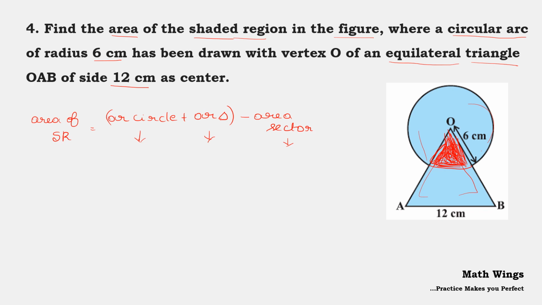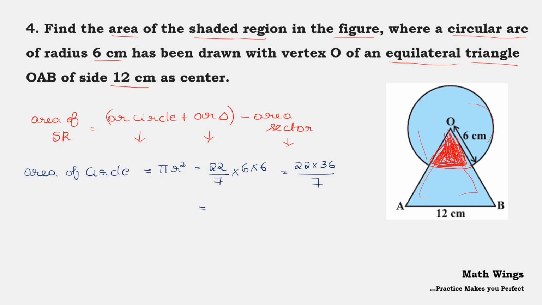So first we have to find the area of the circle. What is the area of the circle? Area of the circle is equal to pi r square. Since they have not asked us to take the pi value as anything, we can just go with 22 by 7 into r square. R here is 6, so I can take 6 into 6. Therefore, when I multiply, I will get 22 into 36 divided by 7.